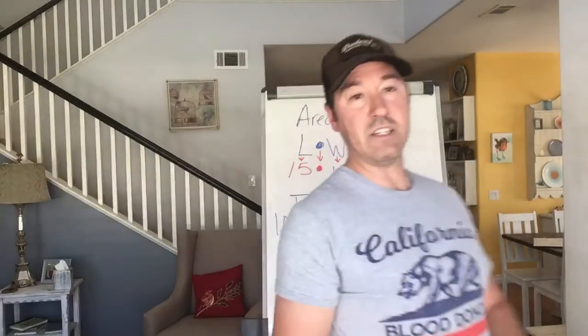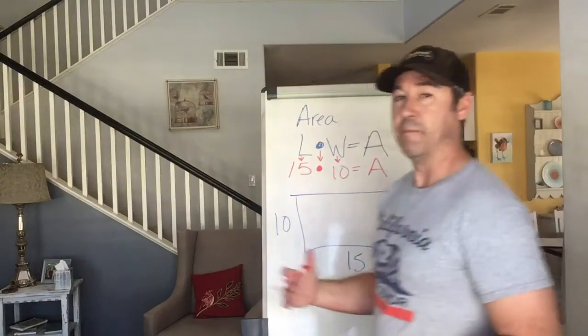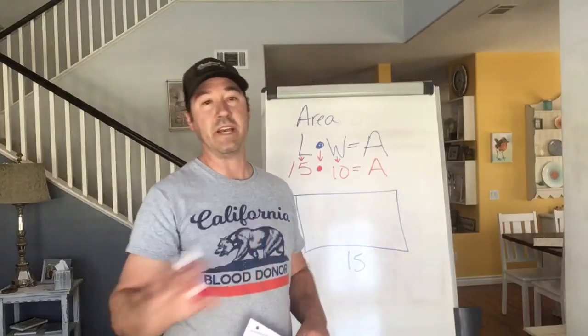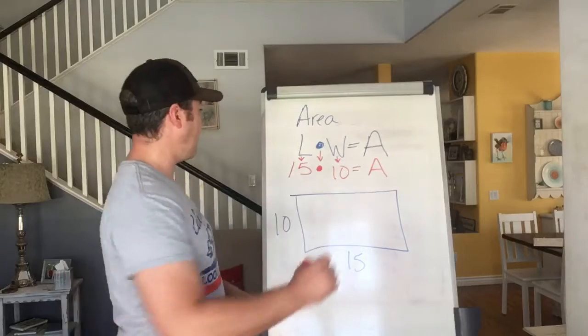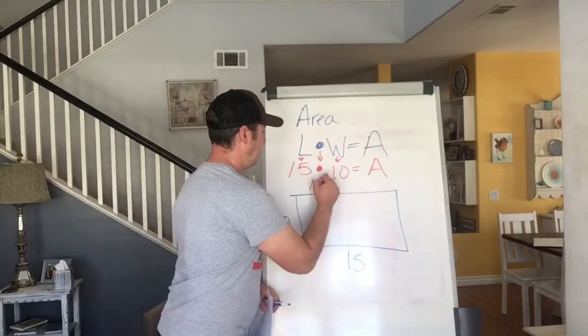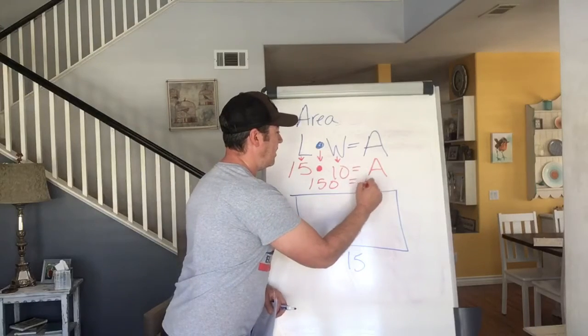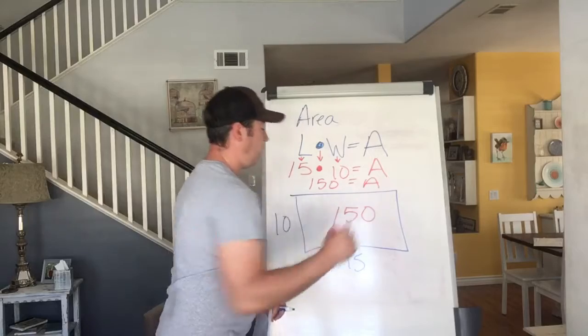So in this project, I'm perfectly happy with you guys using calculator functions. In fact, with most of the things that we're going to do, I'm going to say calculators are perfectly fine. So if you plug that into your calculator, you've got 15 times 10 equals 150. So 150 equals A, which is our area. So we have an answer of 150.